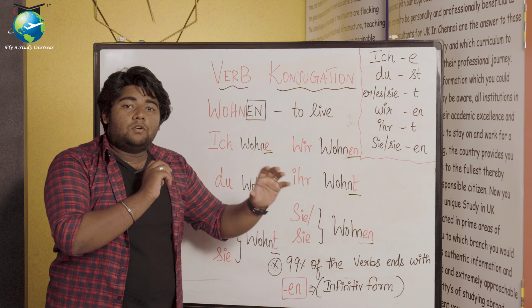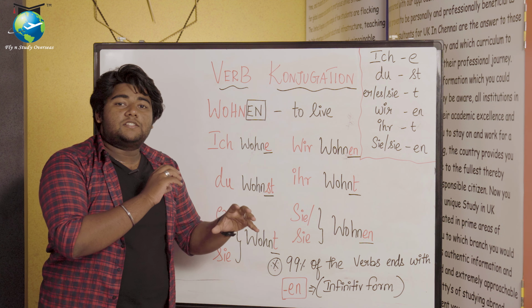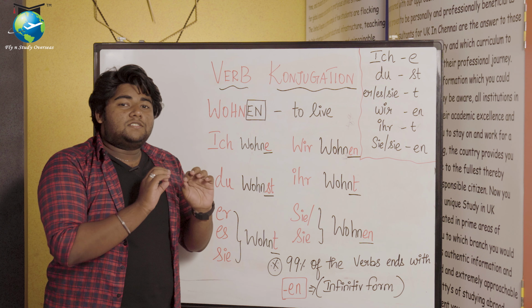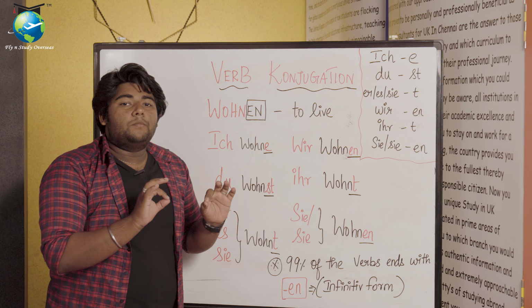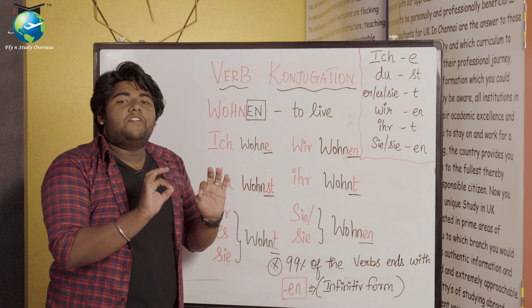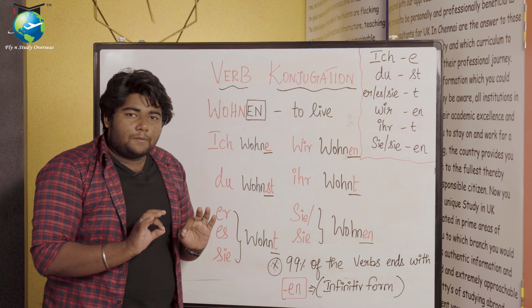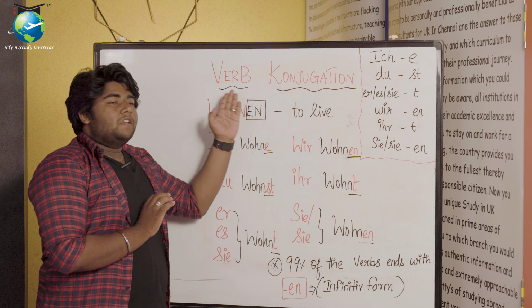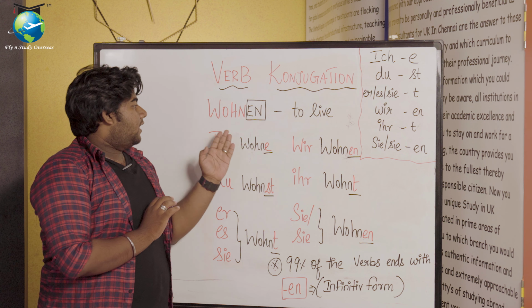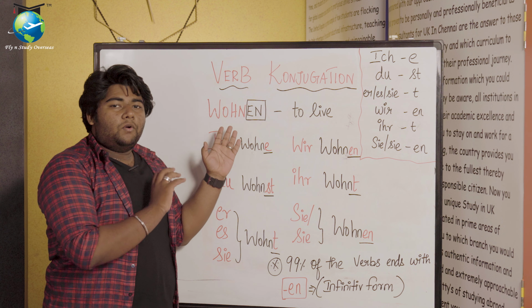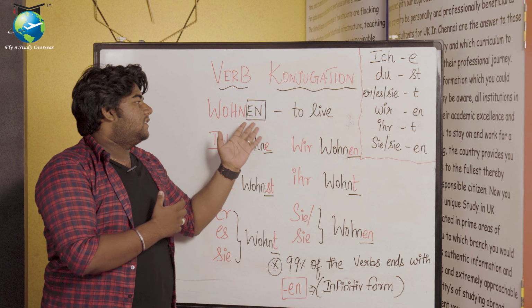Throughout your A1 course, session or book, you will always see the word infinitive form. Infinitive form is nothing but the whole verb which is not conjugated, not only for wohnen but for the rest of the verbs which end with en.